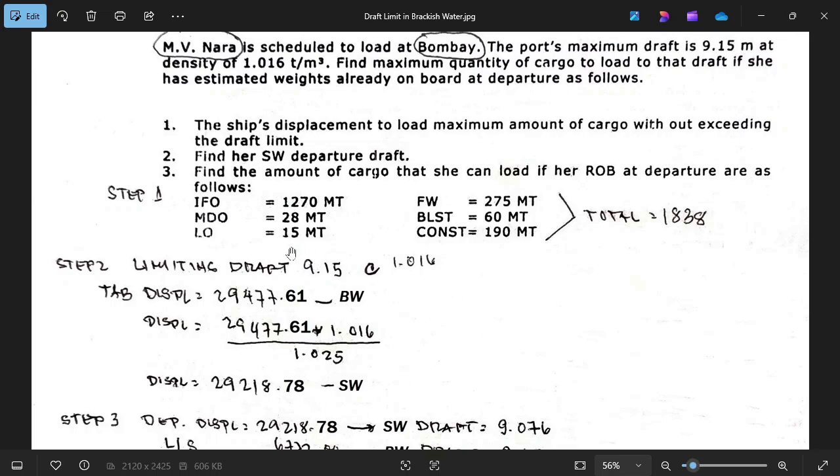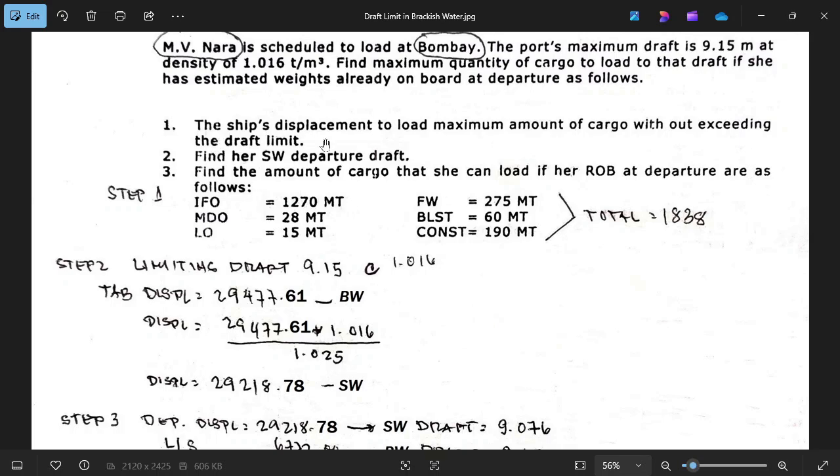Your draft in brackish water is deeper, more immersed, than in salt water. So from brackish water to salt water, the tendency of the vessel is to rise up. Of course, when you rise up, your draft will be lesser. So that's why your draft of 9.076 is lesser than 9.15. I hope that's clear.